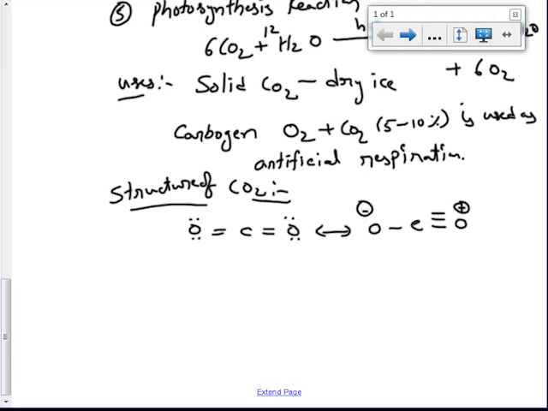I shift the bond to a triple bond like this and write another resonating structure: oxygen, carbon, oxygen, with a triple bond here, and this is minus, this is plus.